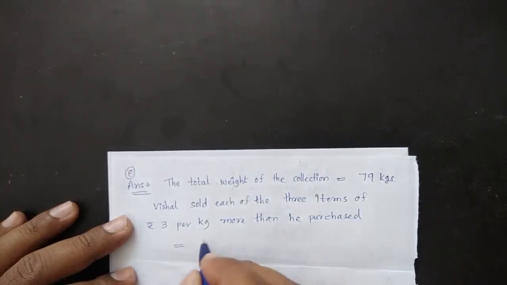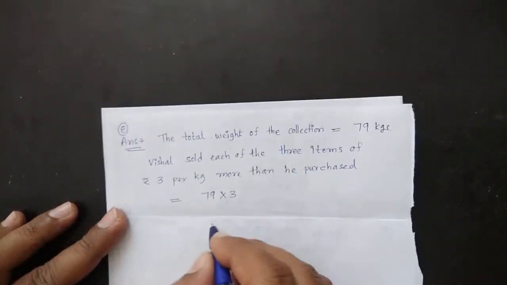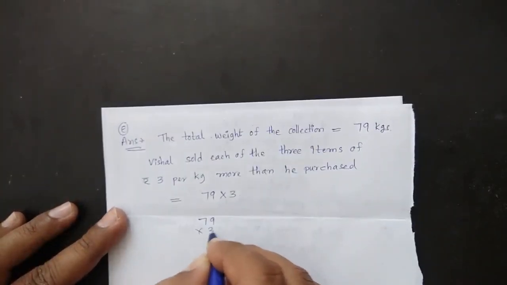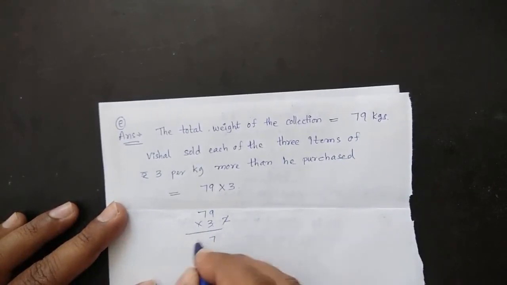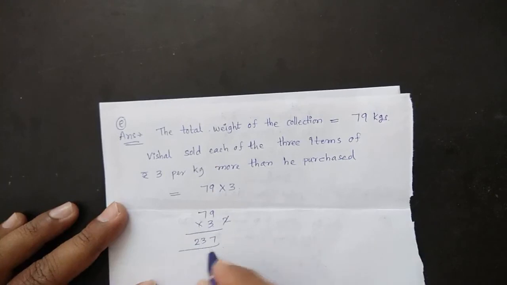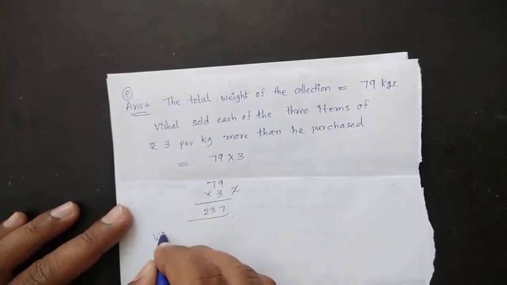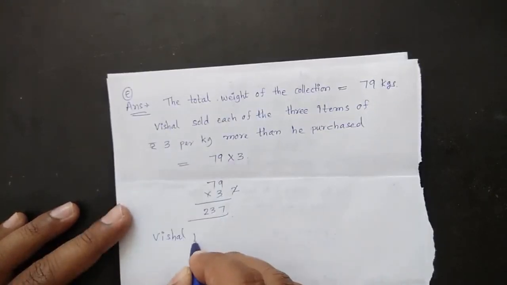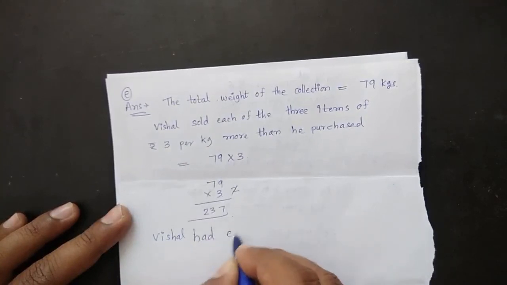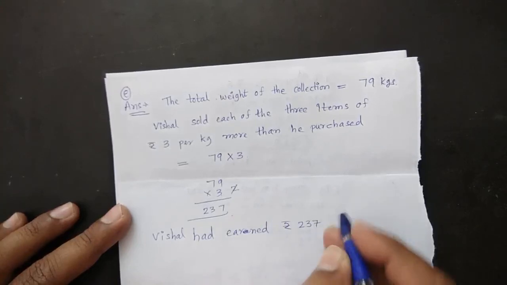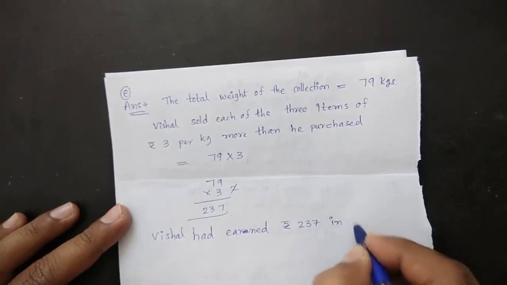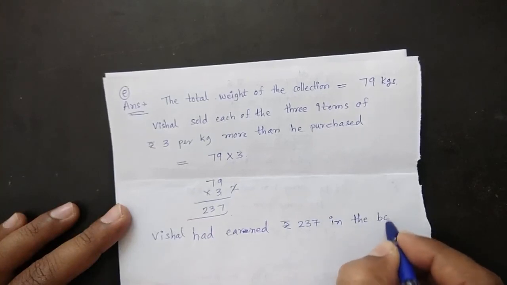So, we should multiply 79 into 3. 79 into 3. 3 9s are 27. 3 7s are 21, plus 2 is 23. 237. So, Vishal earned 237 rupees in the day. Okay, children?